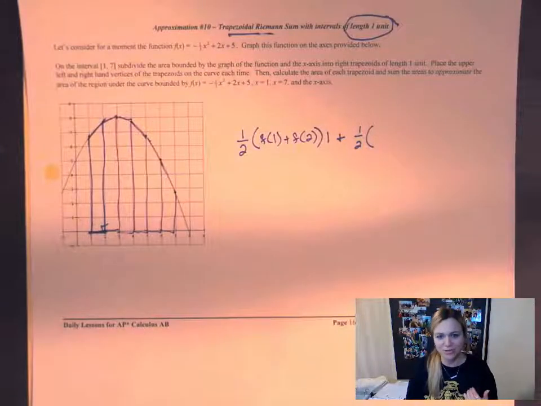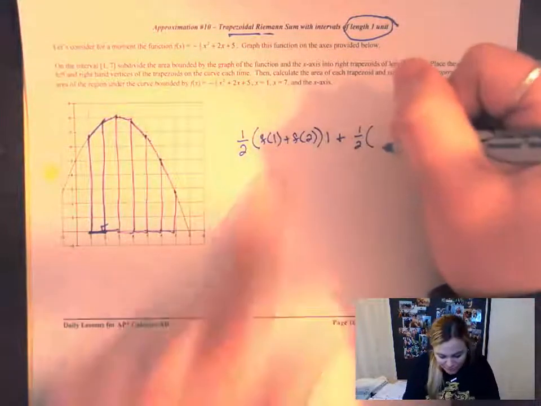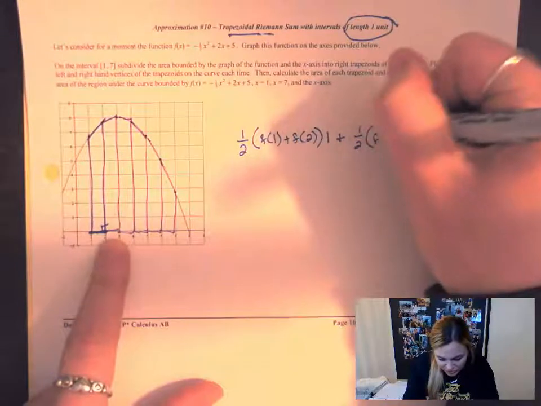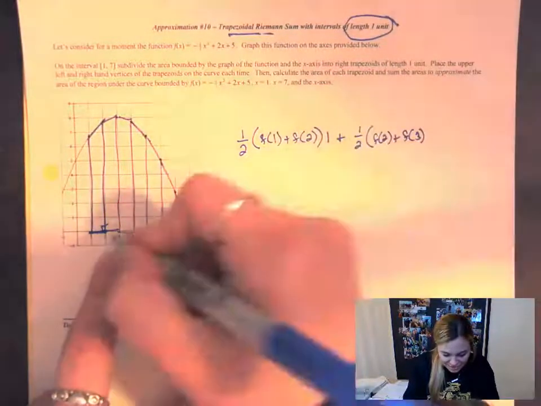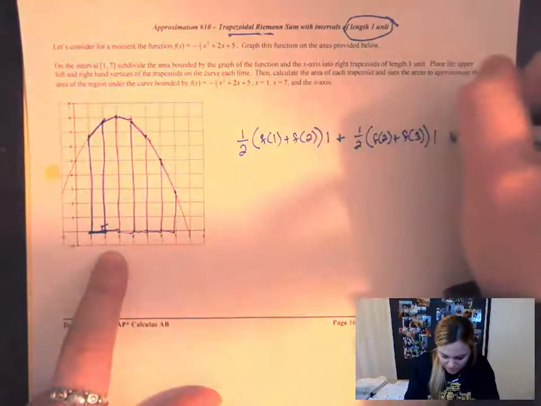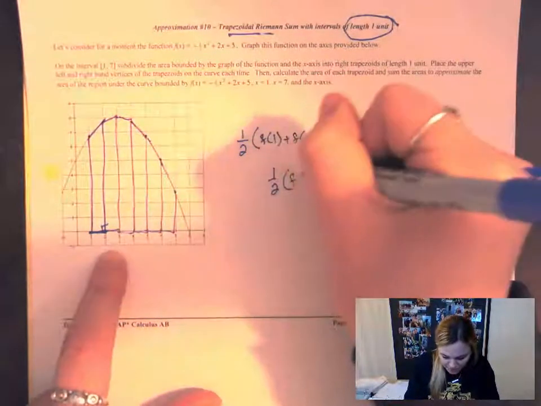Can you imagine if we had it for a length of half unit or something else? But either way, this is the last one we're going to do, sadly. But 1/2, instead of f of 1 plus f of 2, this one's going to be f of 2 plus f of 3. My height is still 1. Okay, I'm going to keep going. You should too.